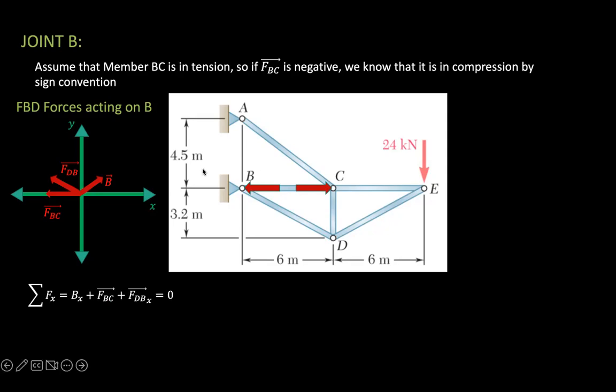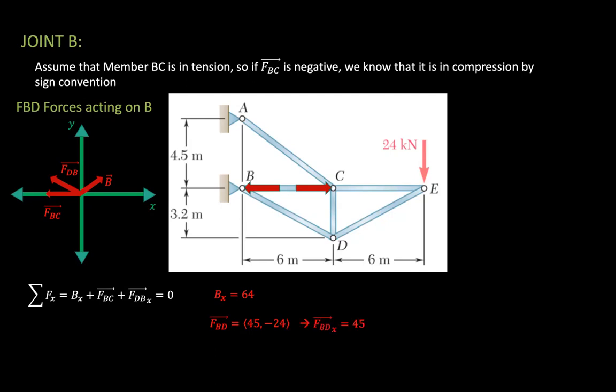The sum of the forces along the x direction is equal to B_x plus F_BC plus F_DBx, the x component of F_DB, and all that is equal to 0. We know that B_x is equal to 64 kilonewtons as we solved previously, and that the force F_BD is equal to (45, negative 24).